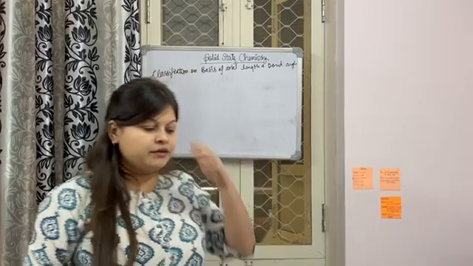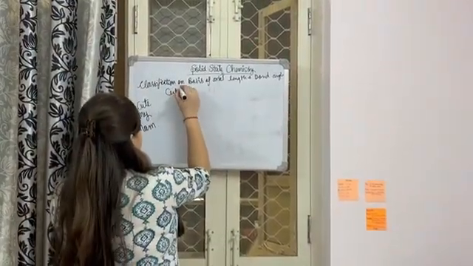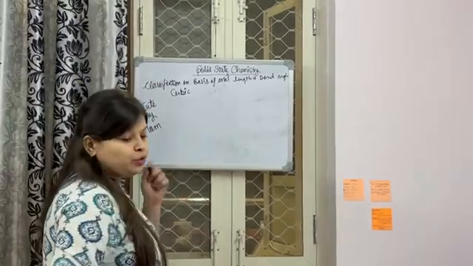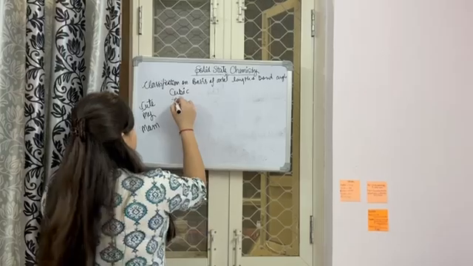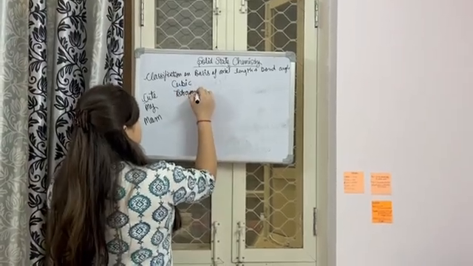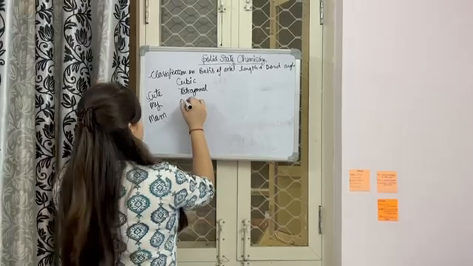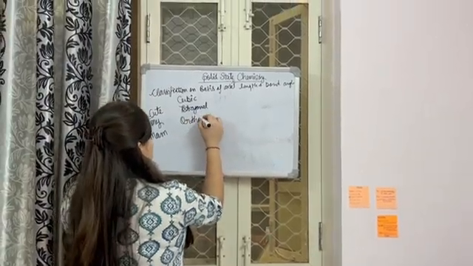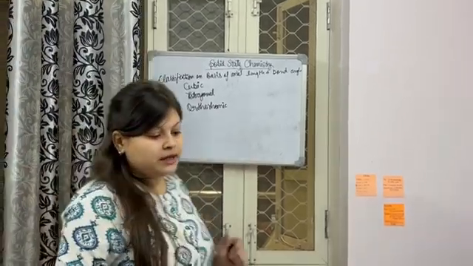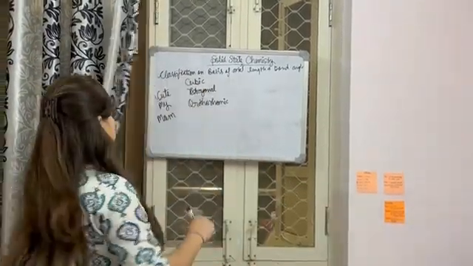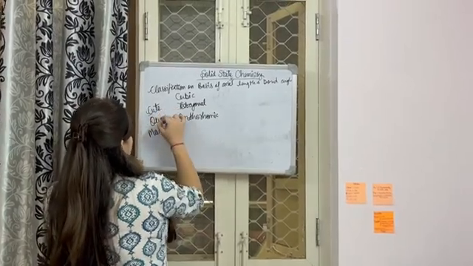By this we will see, first of all, cubic. By 'cute', we will discuss cubic. Second, tetragonal. Third is the orthorhombic. Fourth is the monoclinic. Not the 'my', actually it was 'cute our mom'.